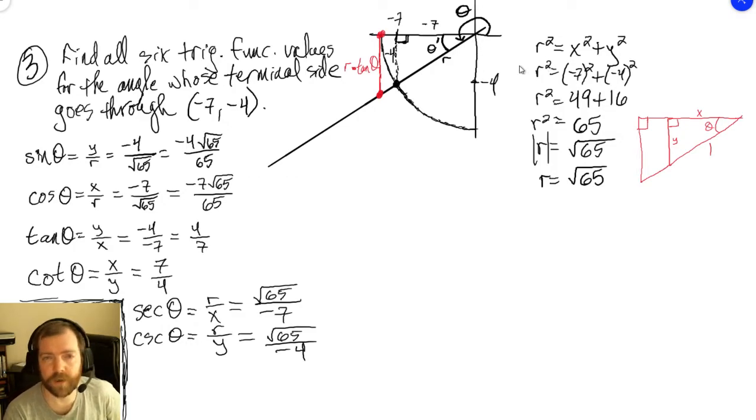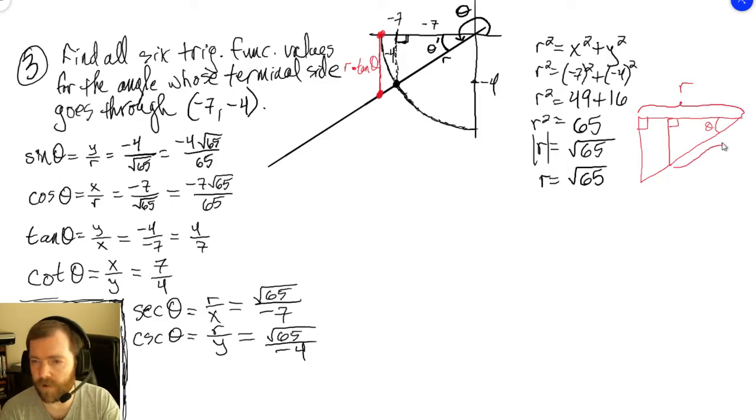Alternatively, we could, instead of x, y, and 1, actually use the tangent of theta triangle here from the unit circle versus this one from this one here. So we have here that this is r and this is r.